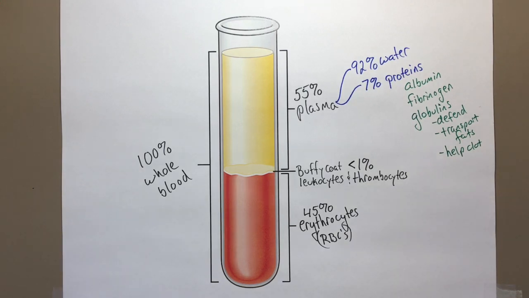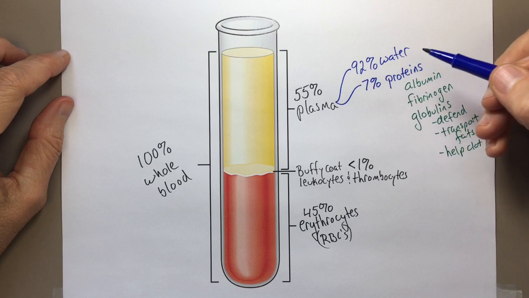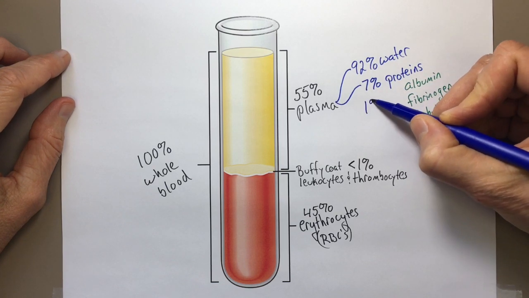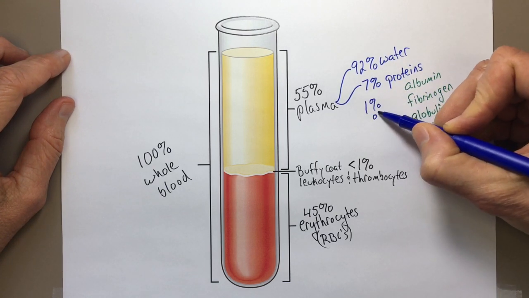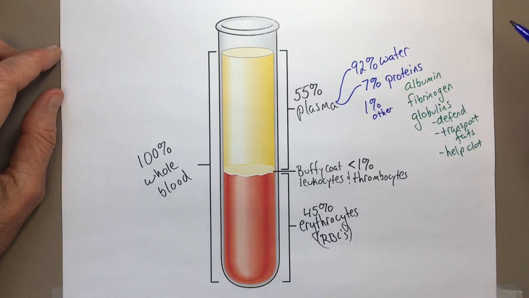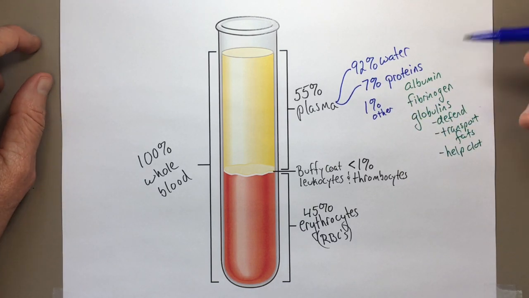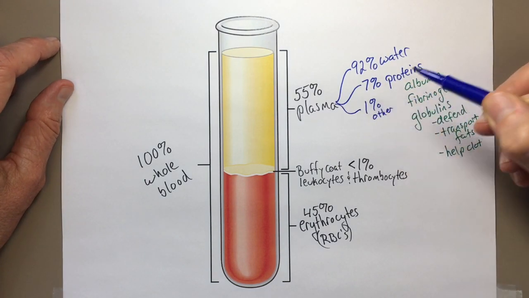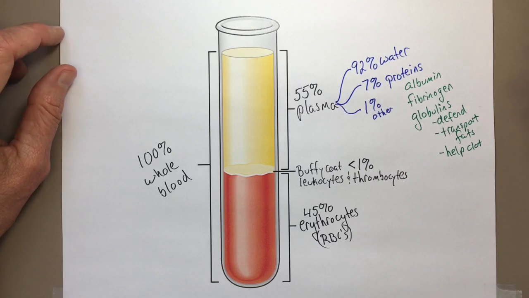All right, well then if you do the math, 92% plus 7%, that doesn't quite add up to 100%, so that leaves us with about 1% in a category that we'll call other. And in that category, what other things might there be in plasma?